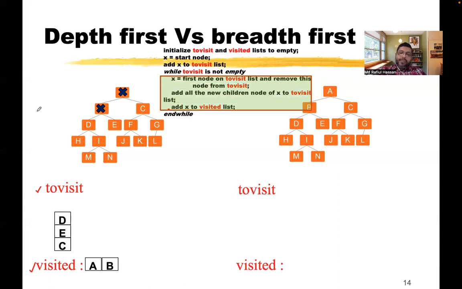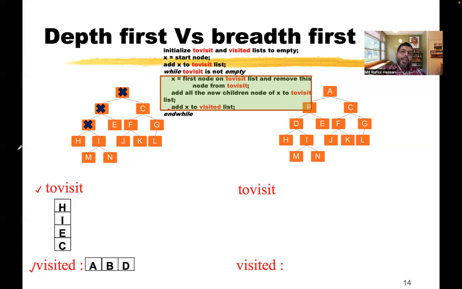You can see that we take the B from the to visit to the visited, and we add all the children of B to the to visit list. What are the children of B? D and E. Same thing, we take the top element of the to visit list, that is D, and add it to the visited, and we'll add all the children of D to the to visit list.